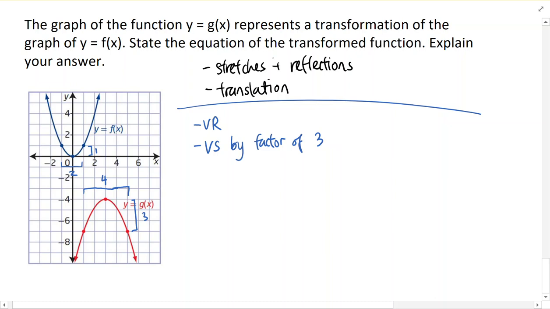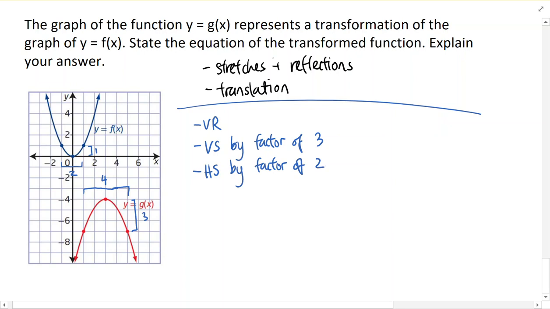Vertical stretches always multiply, so it's going to be 3. And for our horizontal stretch, we went from a width of 2 to 4. To get from 2 to 4, again, it's going to be multiplied. Therefore, we know it's by a factor of 2.